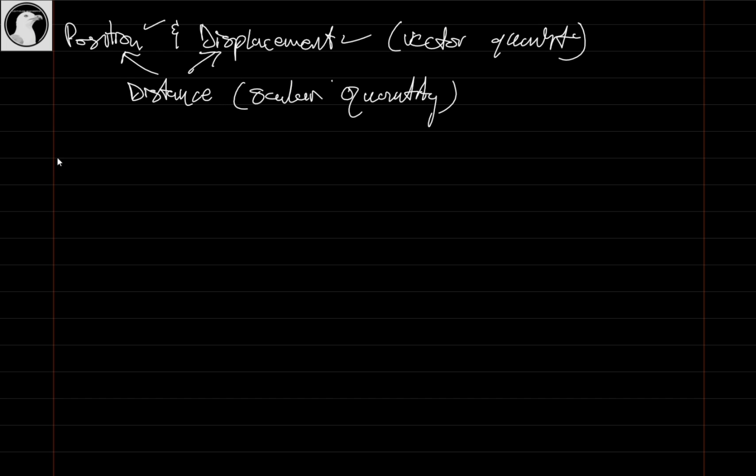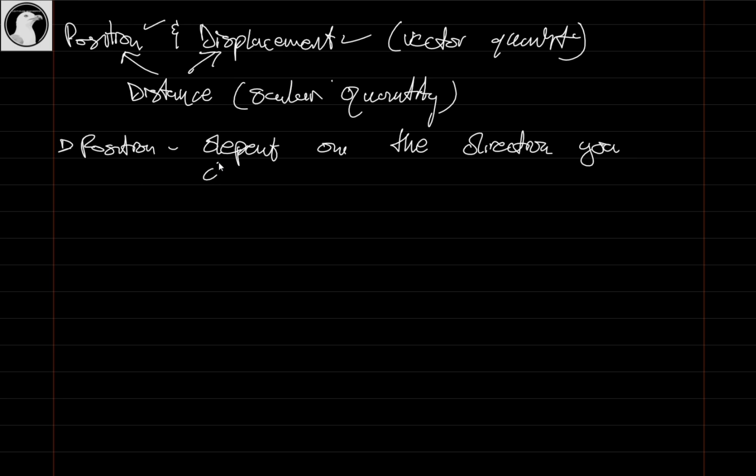Now, what do I mean by position? I would define position as depending firstly on the direction you choose. Depending on the direction you choose, it can be positive or negative.